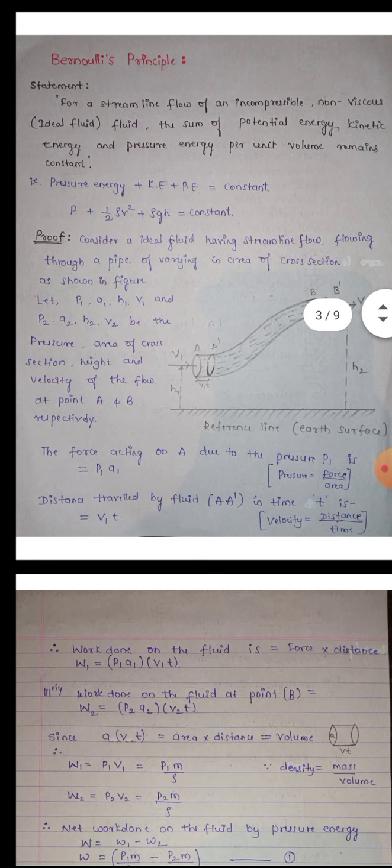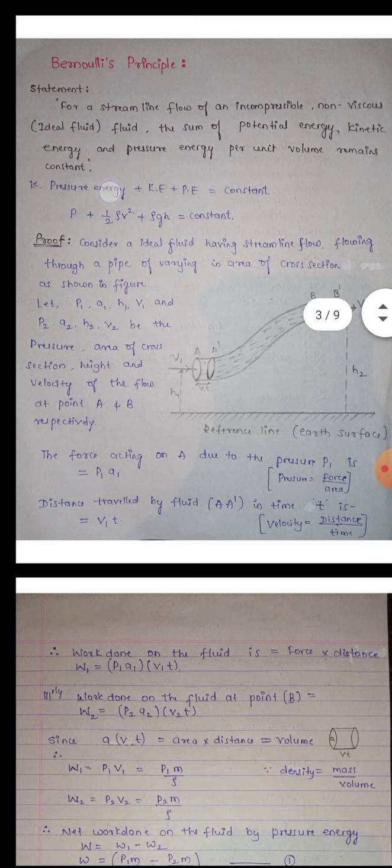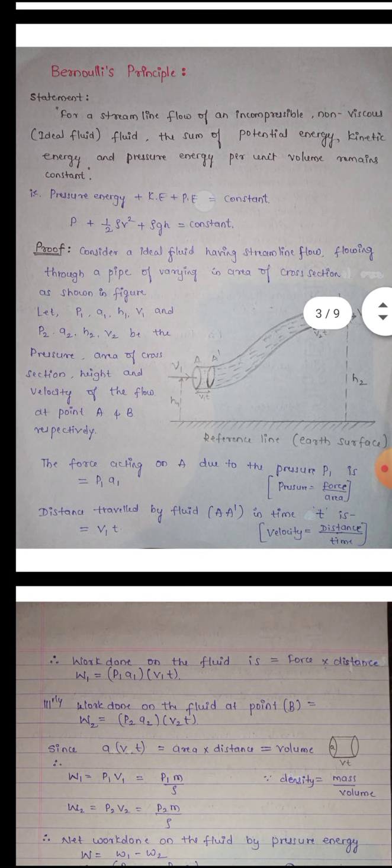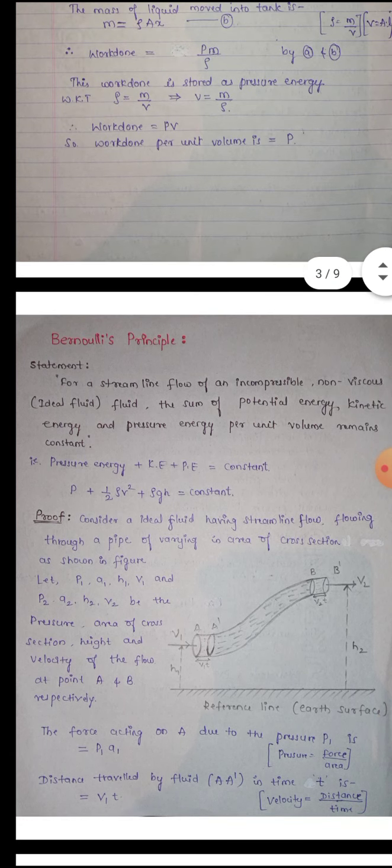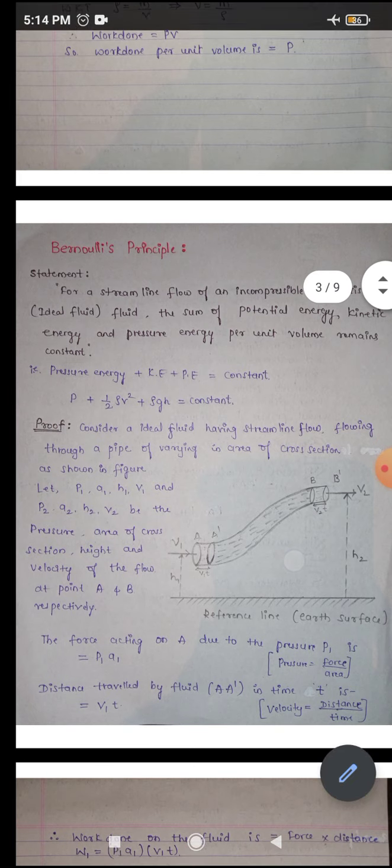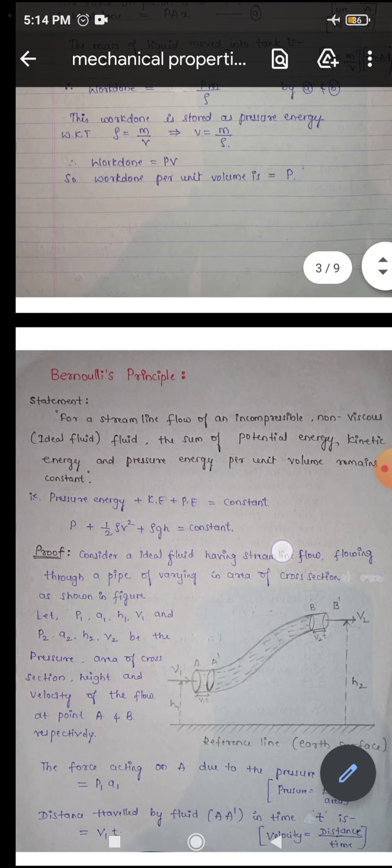We can also write it as the pressure energy plus kinetic energy plus potential energy is equal to constant. In the previous part we have studied about the pressure energy, that is per unit volume.